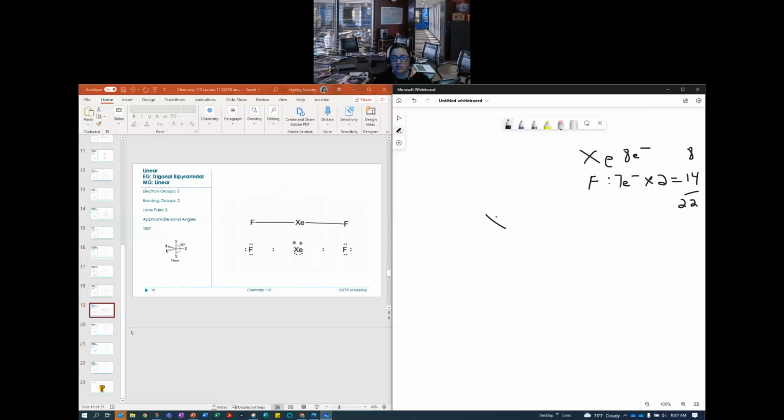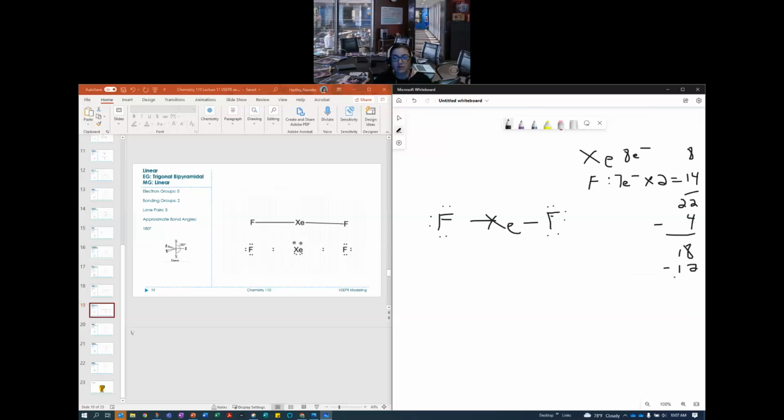Put my Xe in the middle, F on either side, draw 1 bond. That takes up 4 of those. That leaves me with 18 that I need to deal with. 1, 2, 3, 4, 5, 6. 1, 2, 3, 4, 5, 6 for a total of 12.